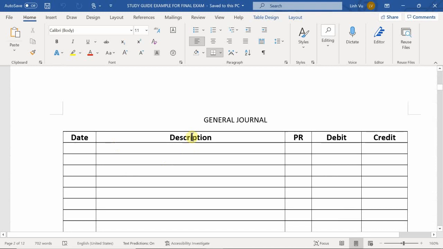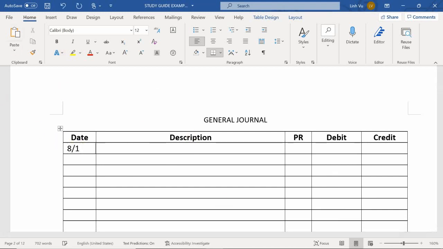So let's go ahead and practice this. On August 1st, we borrowed money, right? So how are we going to journalize this? Cash increases, and business loan.